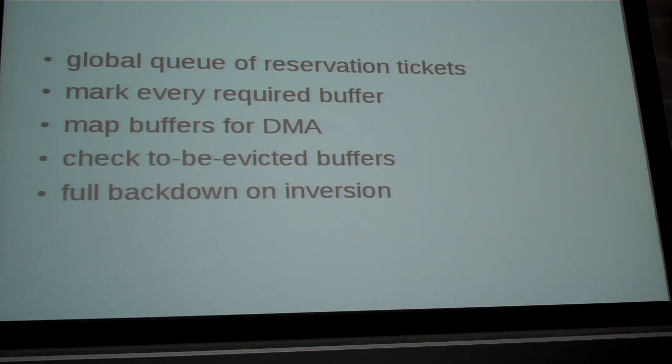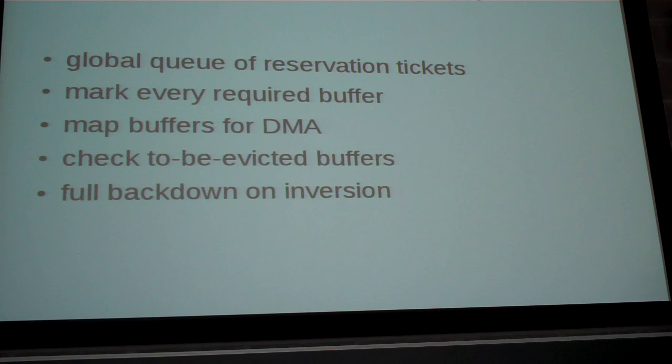So TTM has a very nice solution for that. It creates a global queue of reservations, so every time you try to use some kind of buffer, you get a reservation ticket. You mark every one of your buffers with that reservation ticket before you do anything else, and then you try to map these buffers into whatever resources you have, system memory or some small remapping unit.